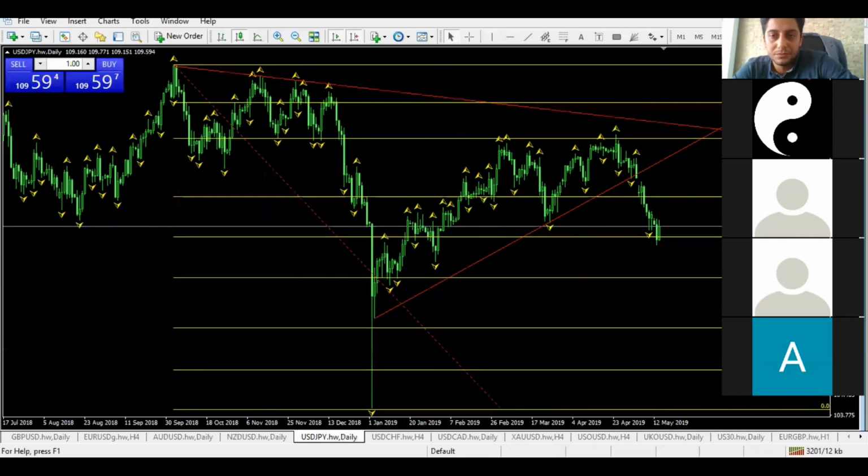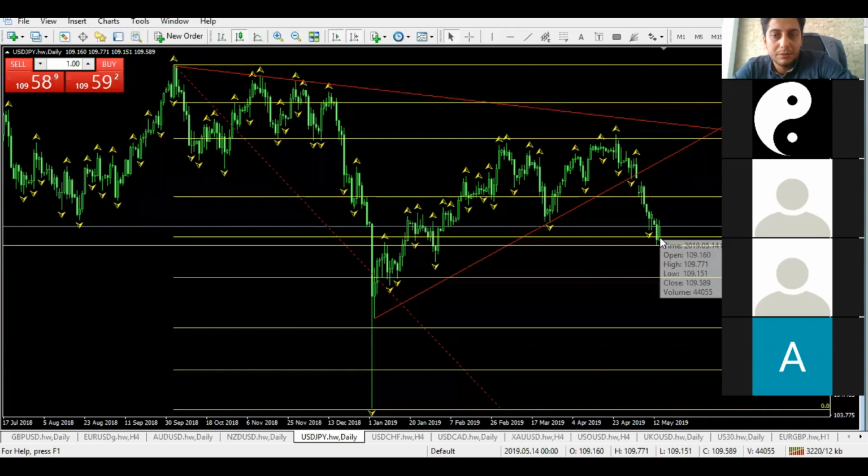Or like in another chart, the candle here. This candle would be overlapping, because you don't see a candle next to it.